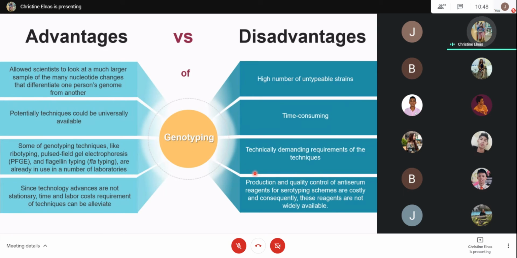And also technically demanding requirements of techniques. So there are many instruments or technologies to be used. And also the instruments are probably expensive. And lastly, production and quality control of anti-serum reagents for serotyping schemes are costly and consequently, these reagents are not really widely available. So, it's not for all.